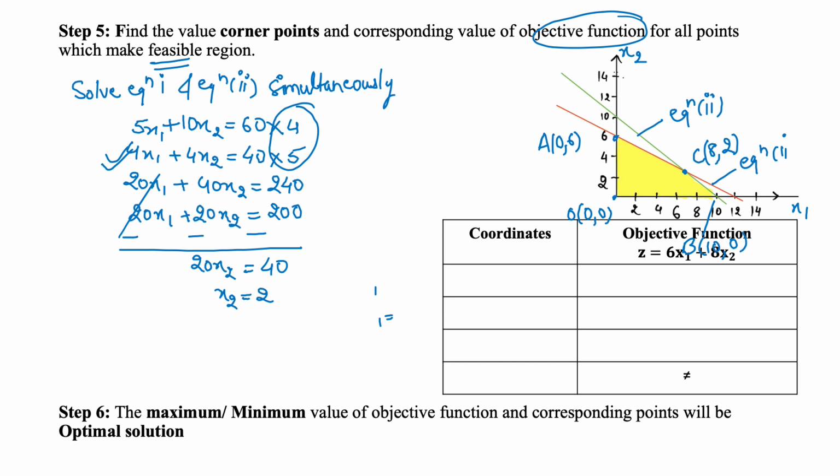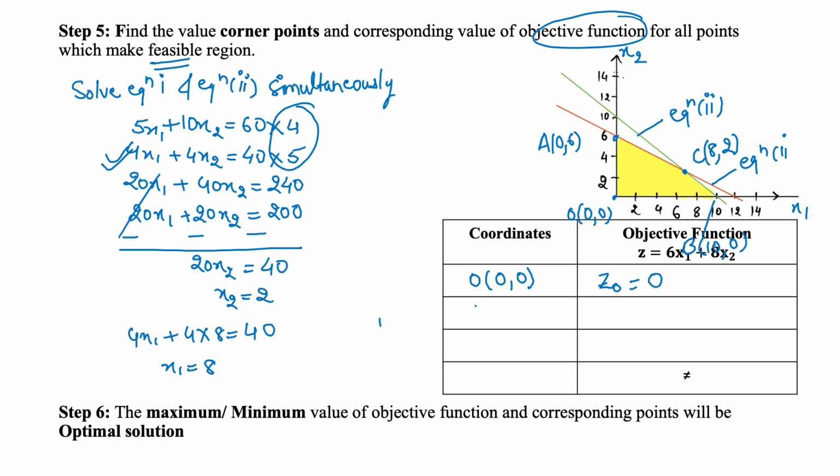The first coordinate is the origin, and corresponding to the origin my objective function 6x1 plus 8x2 is 6 into 0 plus 8 into 0, which is 0.